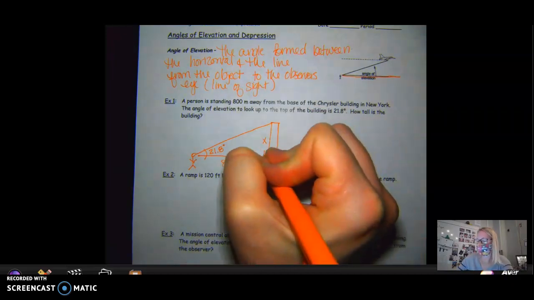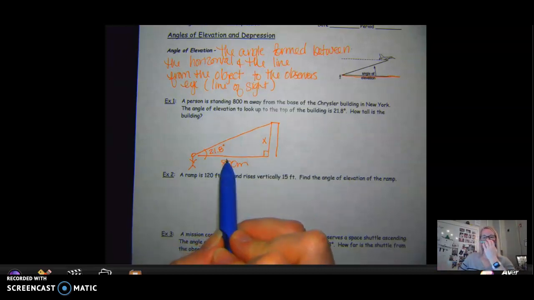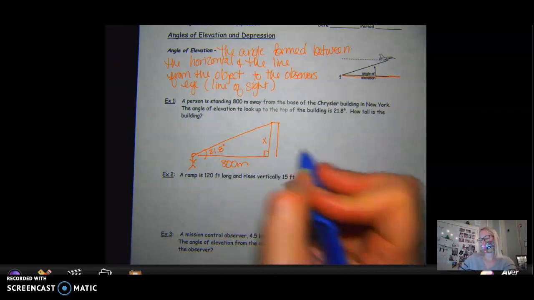Okay, and here's our 90-degree angle, right? So are we finding a side length or an angle measure? A side length. So would we use regular trig functions or inverse trig functions? So, like before, we're going off of this angle. 800 is what compared to that angle?